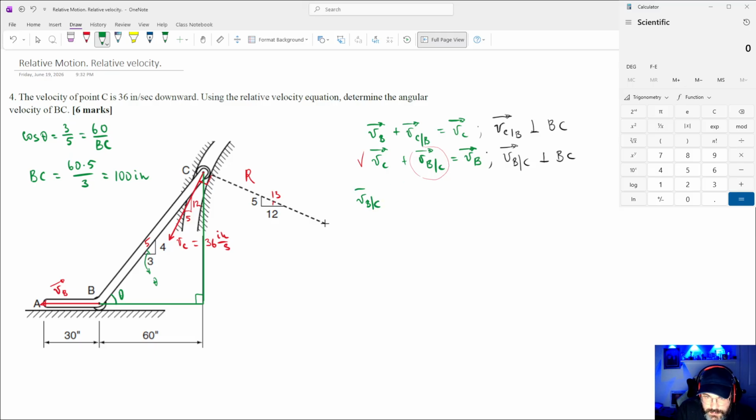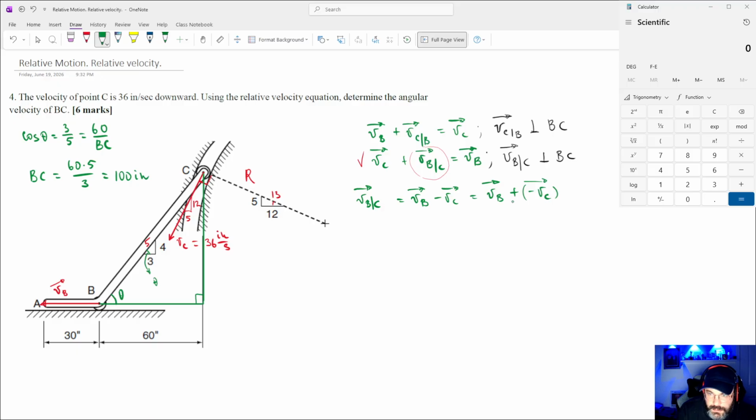Okay, so this is velocity of B relative to C, and let's move VC to the right, so this is going to be VB minus VC, or we can also write it as VB plus minus VC. Minus VC is the same vector as VC, just flipped to the opposite direction, right?